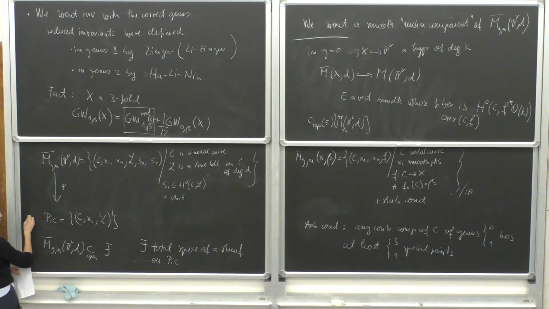So if I pick a curve with some points and some line bundle, and I look at the fibers over a point like this, they are just a vector space, namely the sum from 0 to R of H^0(C, L).